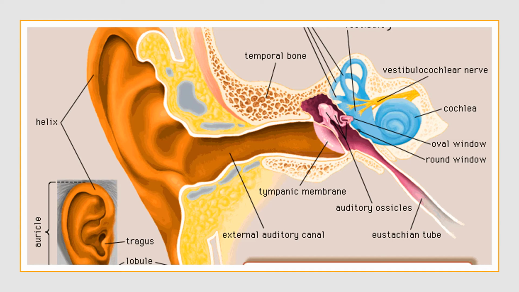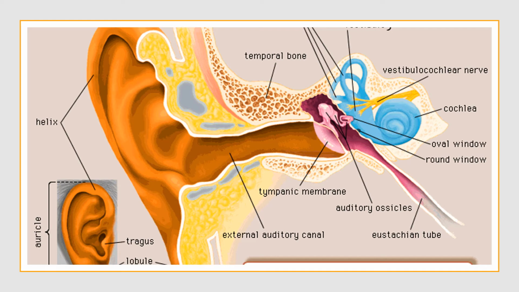So the helix is the whole circular part of the ear, the top as it encircles, and that would be called the external ear. And then the canal inside is called the external auditory canal until it gets to the tympanic membrane. And then it becomes the middle ear. And the middle ear has the three little tiny ossicles in it, the little tiny ear bones.